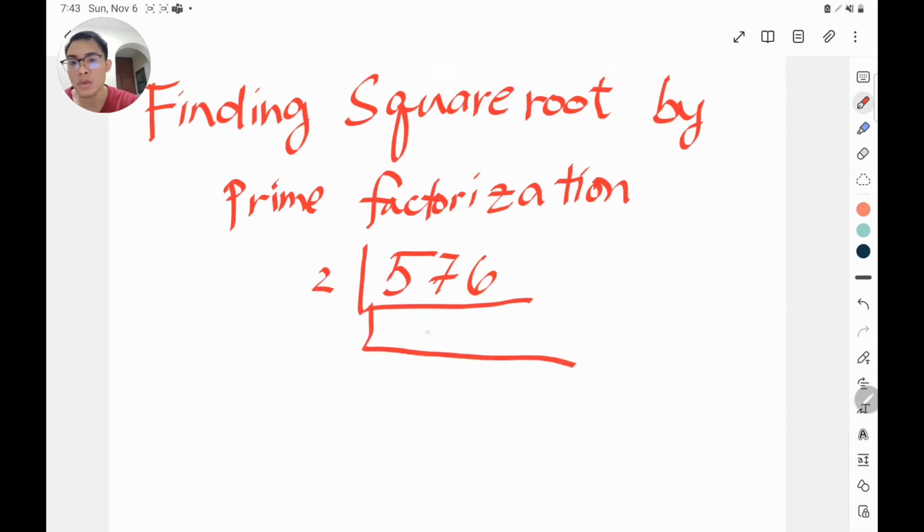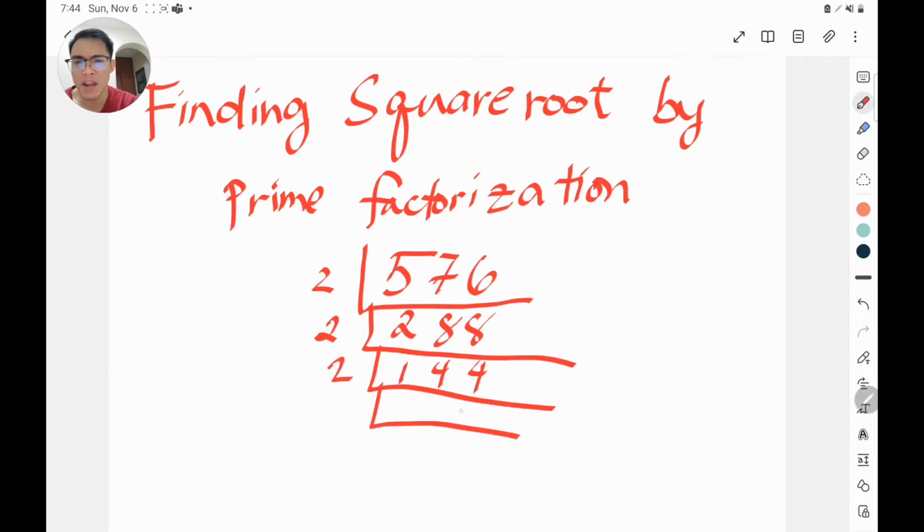That would equal 288. And since 288 is an even number, we can divide it again by 2, right? So that would equal 144. And since 144 is an even number, again we can divide it by 2.